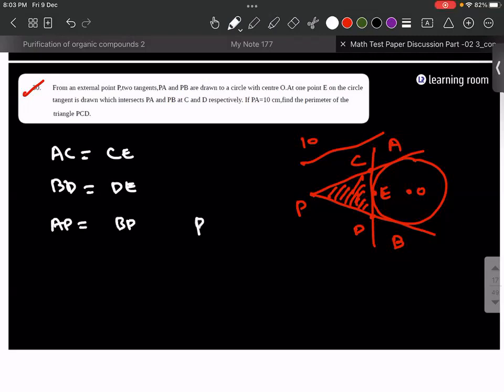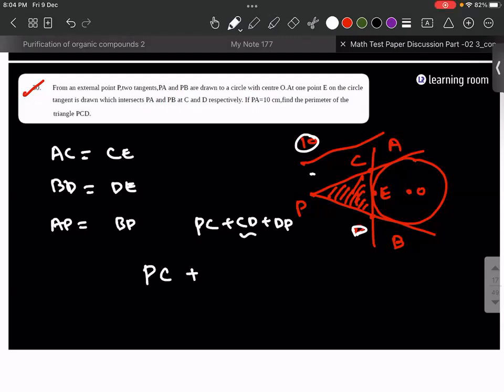So we need PC plus CD plus DP. We can split CD as CE plus DE, so it is PC plus CE plus DE plus PD.